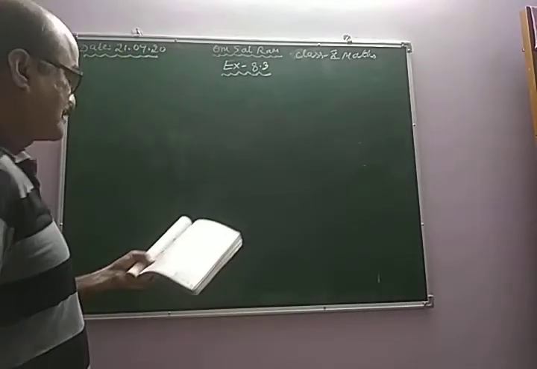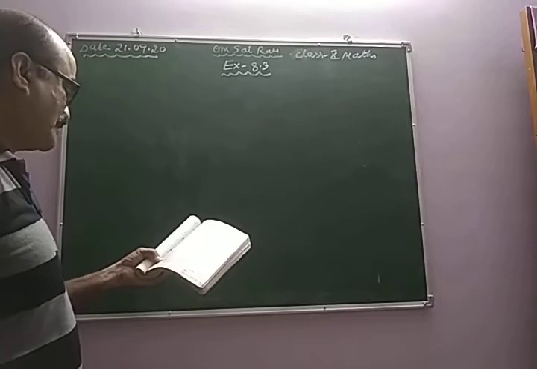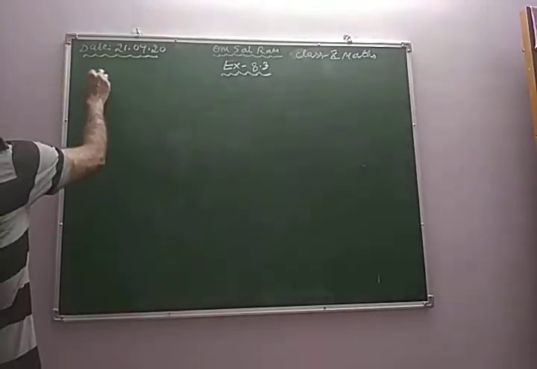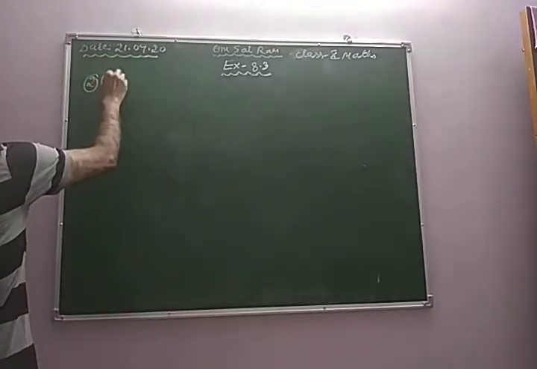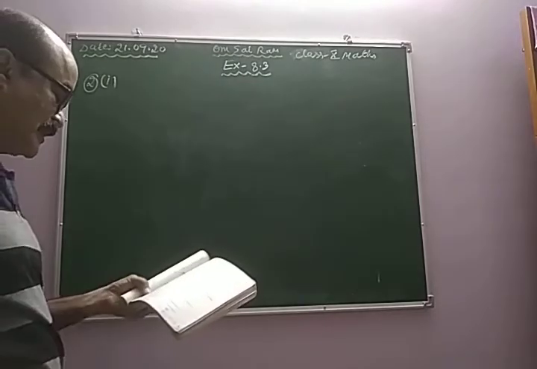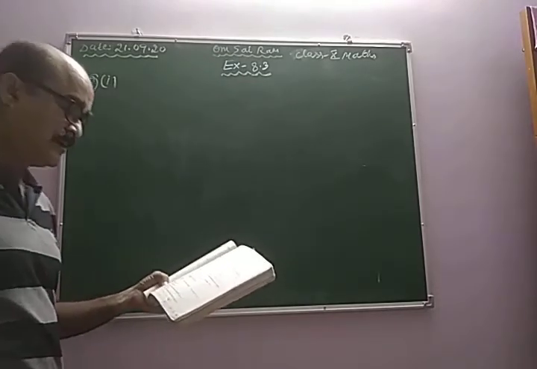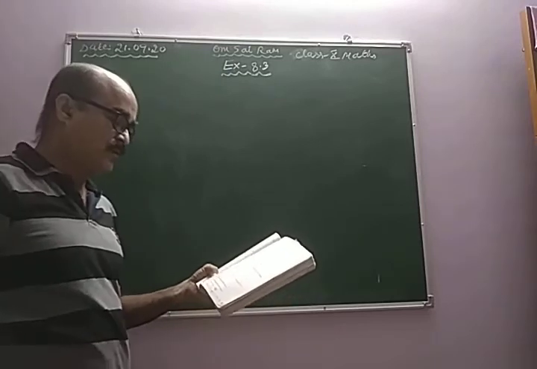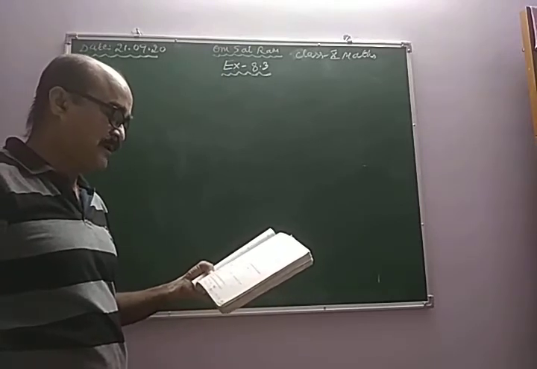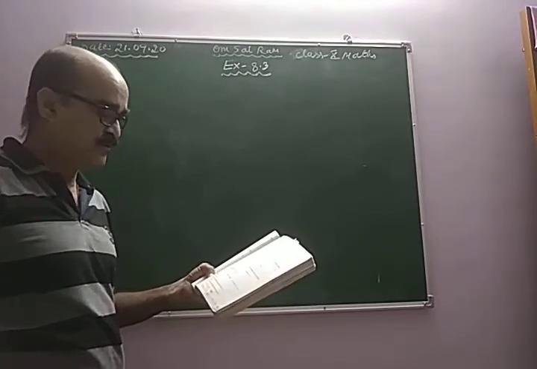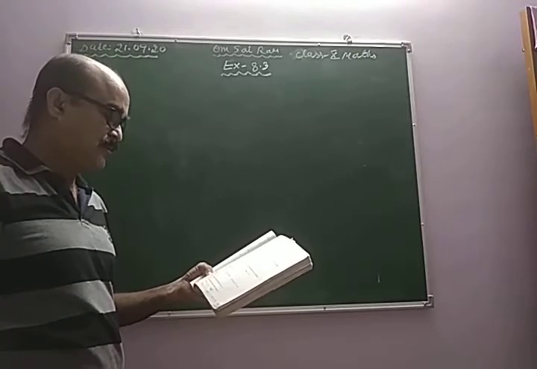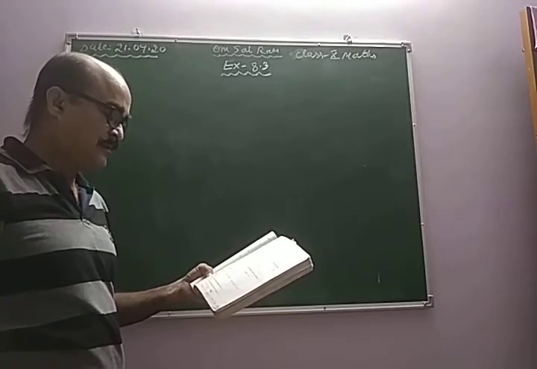So, exercise 8.3, we were solving question number 2. The first part is we have to prove that tan 48 degree into tan 23 degree into tan 42 degree into tan 67 degree is equal to 1. So we have to prove the right hand side is equal to 1.